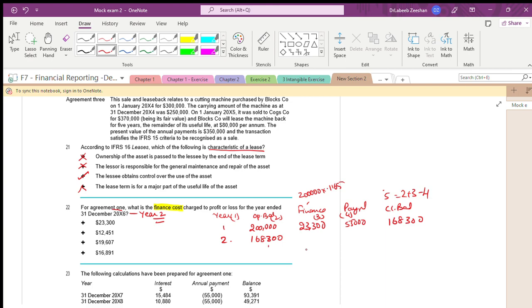So 168,300 into 0.1165. How much is the finance cost? 19,607.